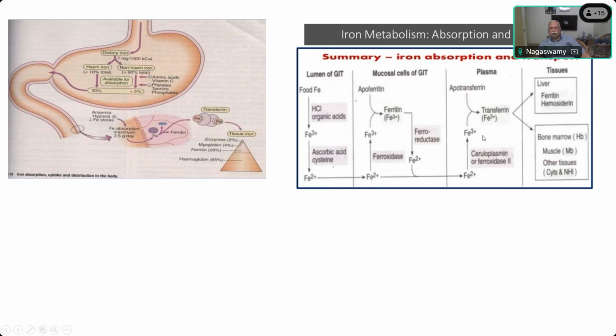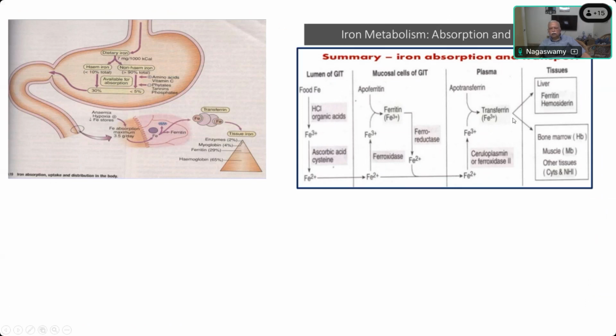So once it goes to the plasma, again it is converted back to ferric, and again combined with apotransferrin. Here it is apoferritin, here it is apotransferrin. So it is called transferrin iron, which is stored either in the liver, again as ferritin and hemosiderin, or taken directly to bone marrow, muscle, and other tissues.